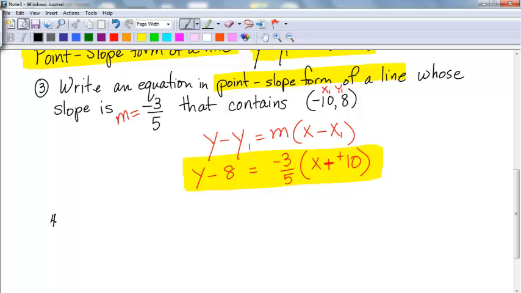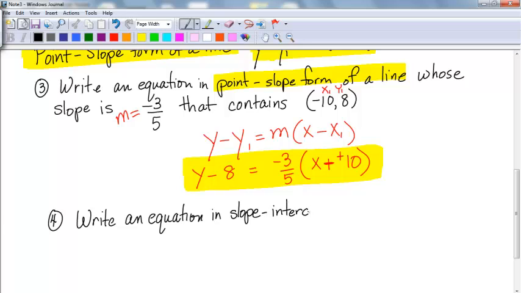Say they ask you to write an equation in slope-intercept form. So even right there, you've got to stop and say, okay, what is slope-intercept form? That's the y equals mx plus b.